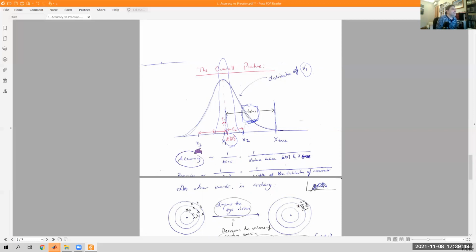So accuracy is proportional to 1 over bias, and it is actually the distance between the expected value of X and the true value here. As I said, precision is related to, okay, this should be variance. Precision is proportional to 1 over the variance of X terms, and this is actually equal to the width of the distribution of the measurement. So the smaller the width, the more precise your experiments.